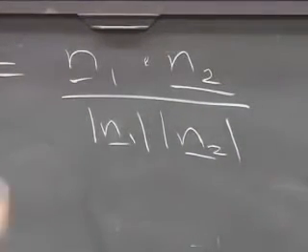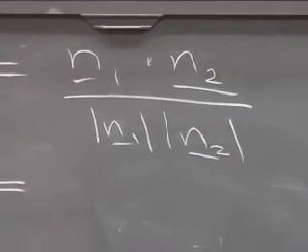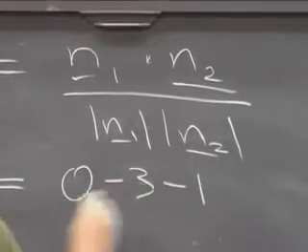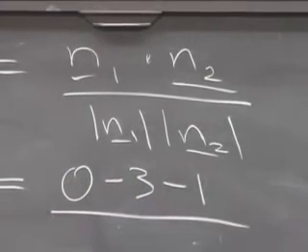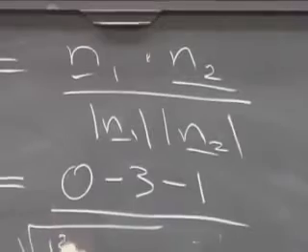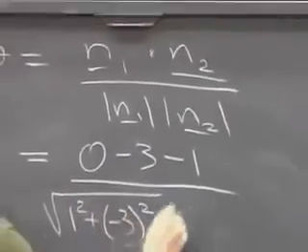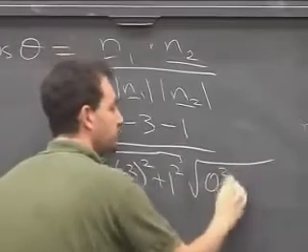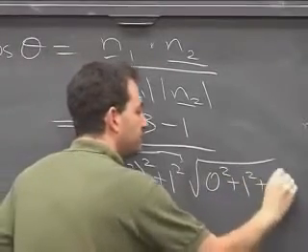So we just take the dot product of those two things, and you'll find it's 0, minus 3, minus 1, all over the length of n1 times the length of n2, 0 squared plus 1 squared plus minus 1 all squared.